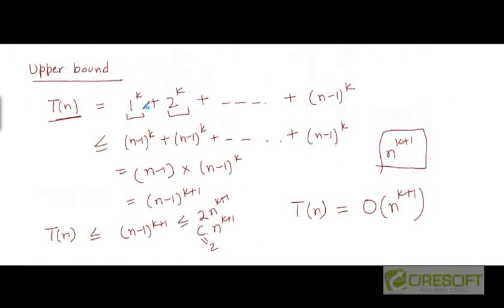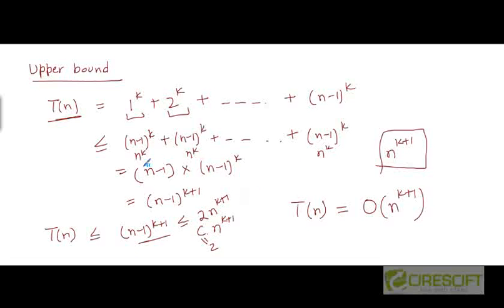There was a slightly simpler way in which we could have proven the upper bound here actually. Instead of replacing every term by the last term, we could have replaced every term, including the last term, by n to the power k. Because that would have allowed us to simplify this expression even further, because we said that we'll need to prove that this particular expression is less than or equal to twice of n to the power k plus 1.